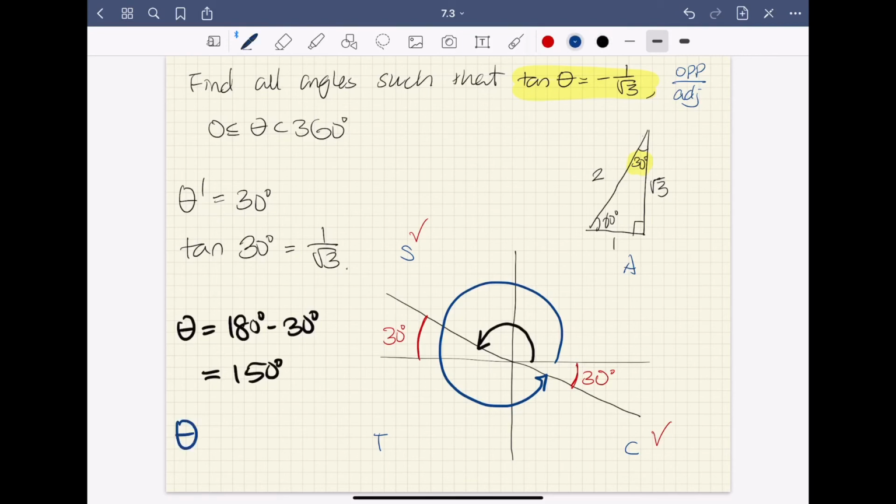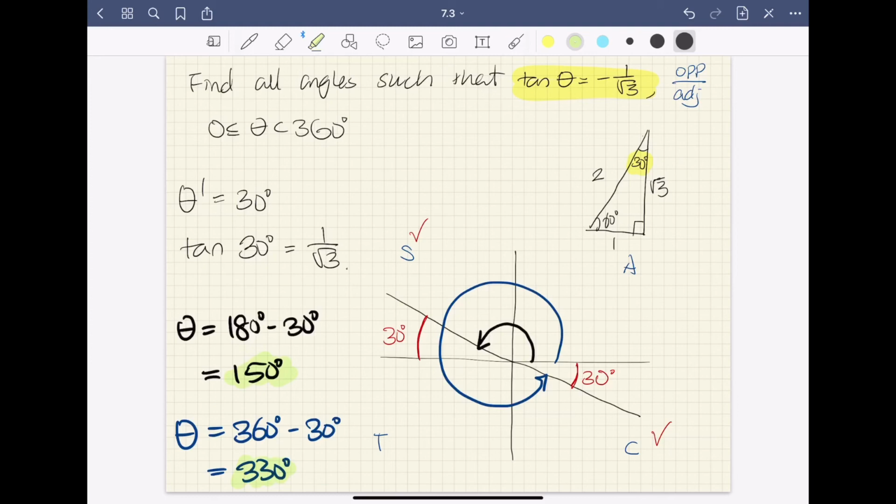And the larger angle is equal to 360 degrees minus 30 degrees, which is 330 degrees. So you got two answers. One is theta equal to 150 degrees, and the other one is theta equal to 330 degrees.